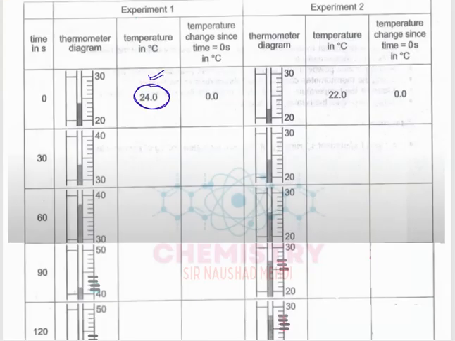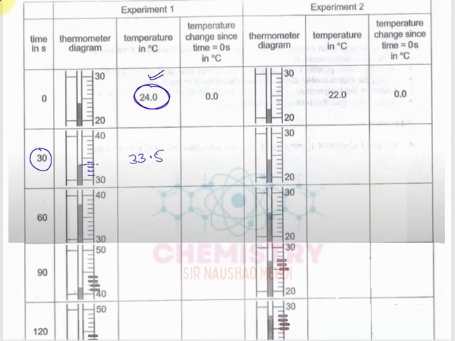So you have to record the temperatures. After 30 seconds, this is the temperature reading given to you. If you look carefully, it's 31, 32, 33 and 34. This point is in between 33 and 34, so it would be 33.5.